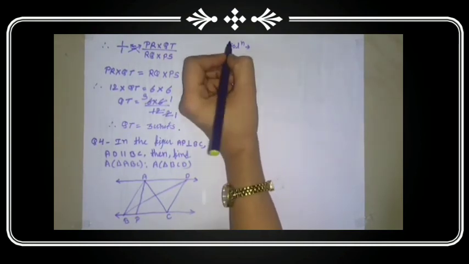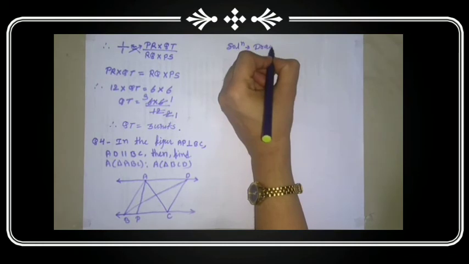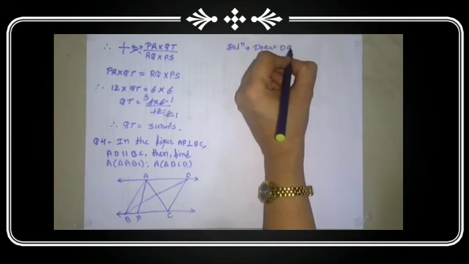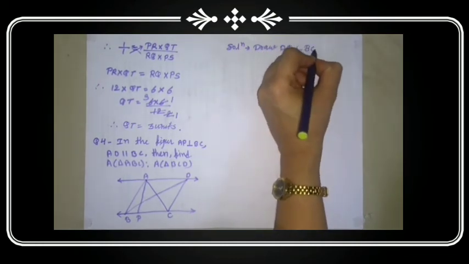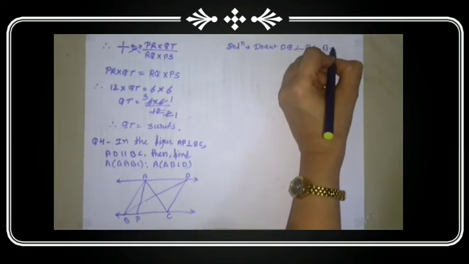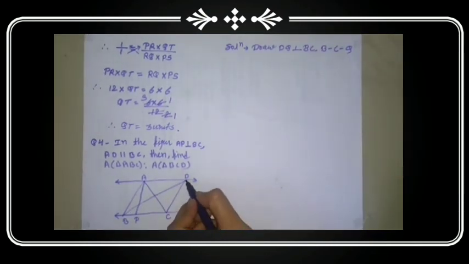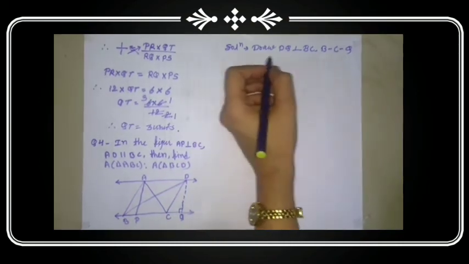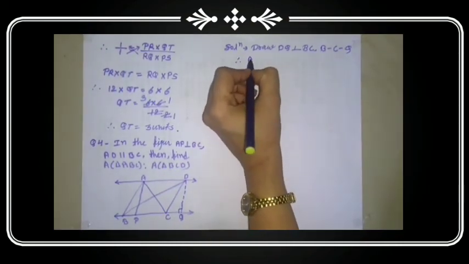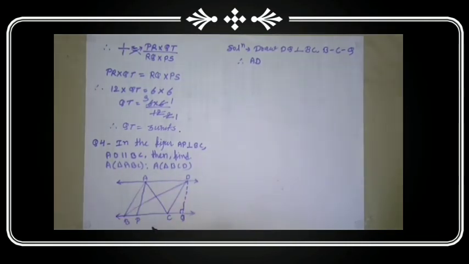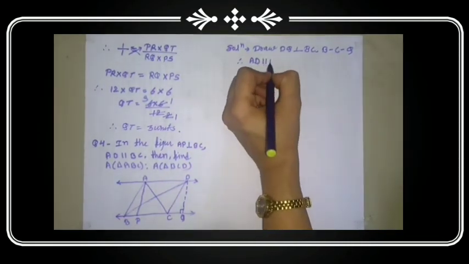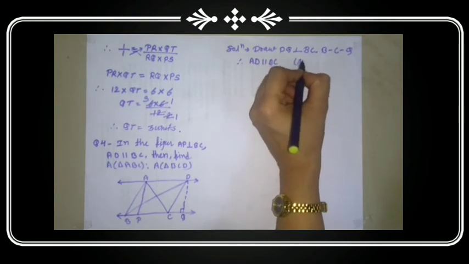Solution. Draw DQ perpendicular to BC, where B, C and Q are collinear points. DQ is perpendicular to BC. AD is parallel to BC, given.